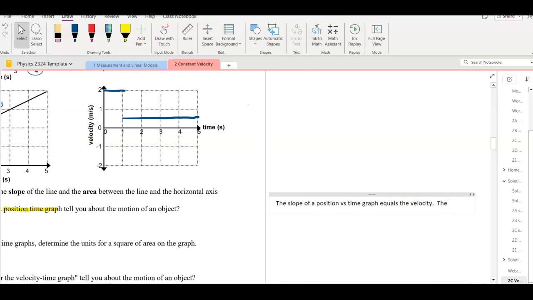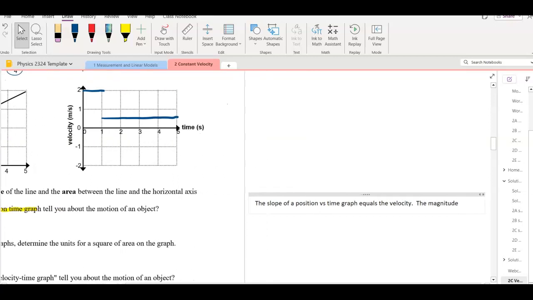The magnitude, that just means the amount of the slope, equals the speed, and the sign of the slope, and by that I mean either positive or negative, identifies the direction of motion.